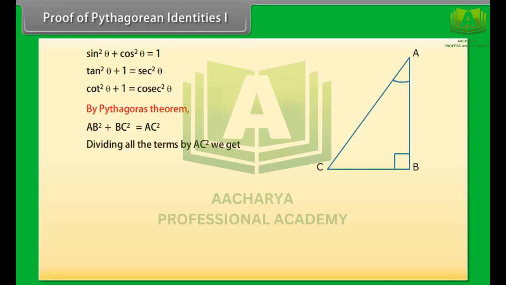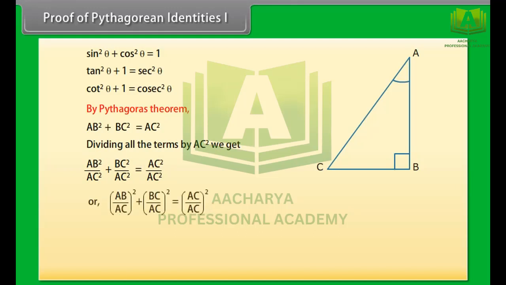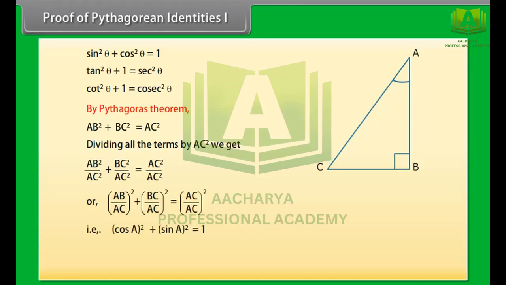Now dividing each term by AC square we can write it as (AB upon AC) whole square plus (BC upon AC) whole square, which equals (AC upon AC) whole square. That is, cos square A plus sin square A is equal to 1.